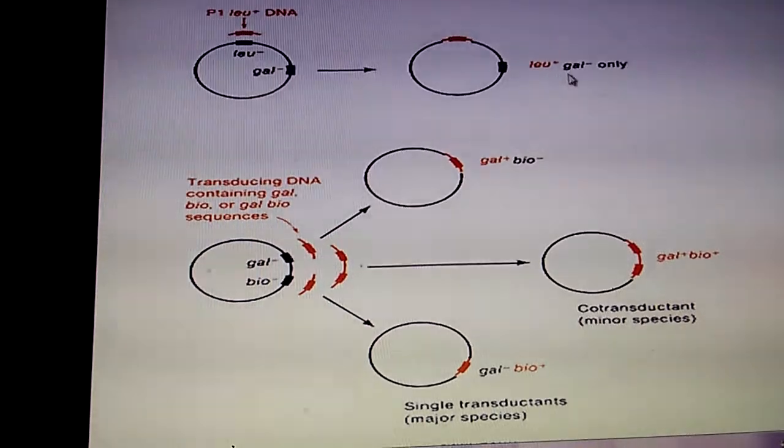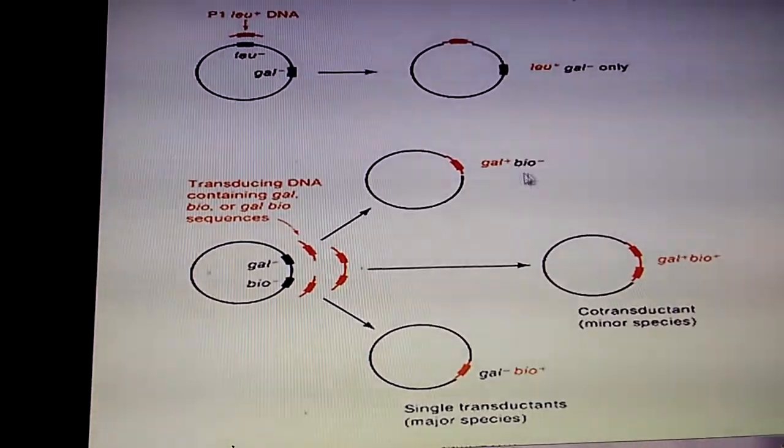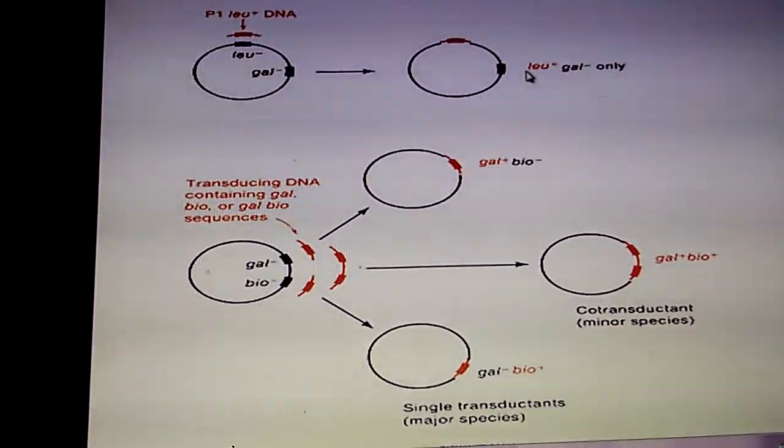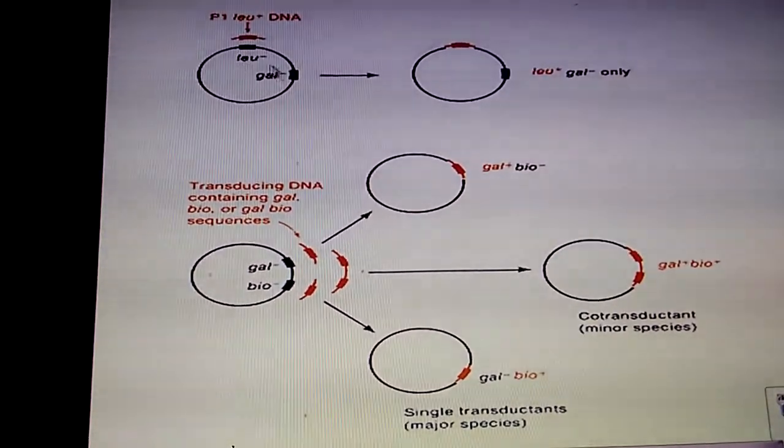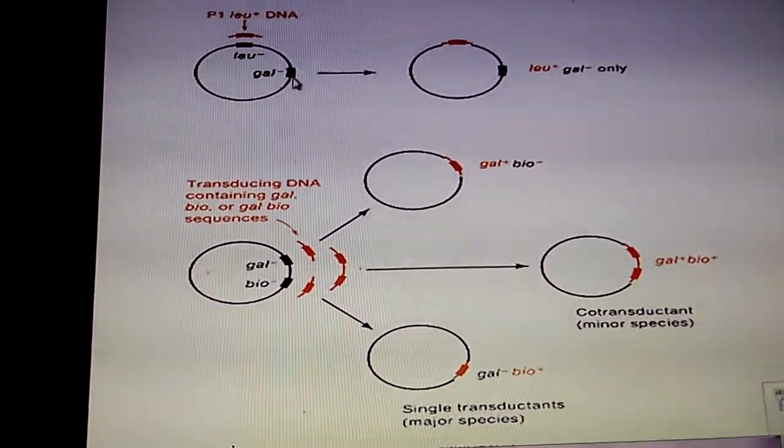So either Leu plus Gal minus will be generated or Gal plus Bio minus will be generated, but you cannot generate Leu plus Gal plus simultaneously. This is the scenario because leucine and galactose genes are very far apart.